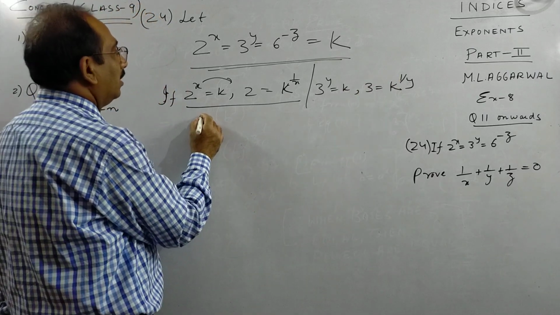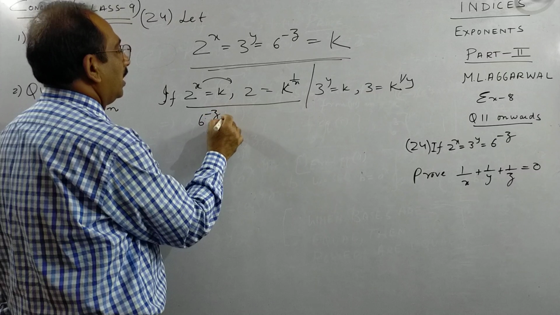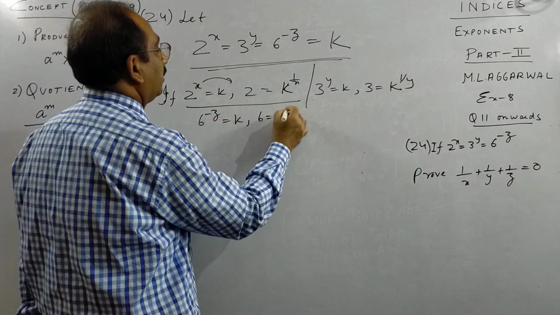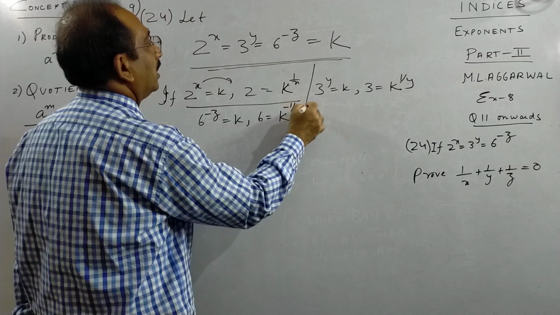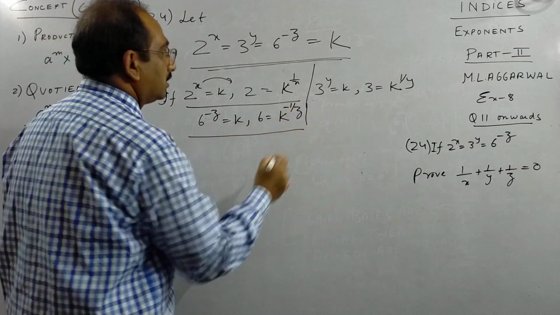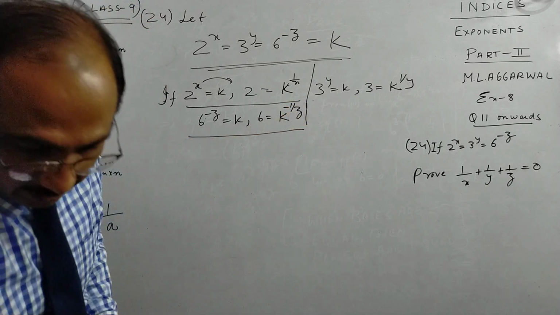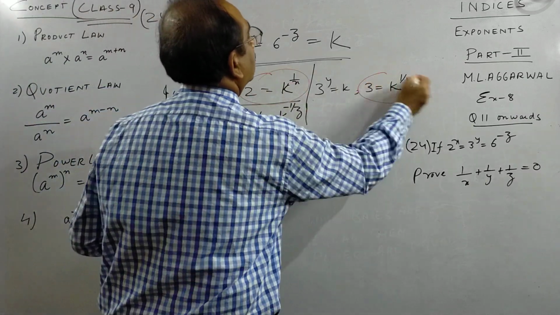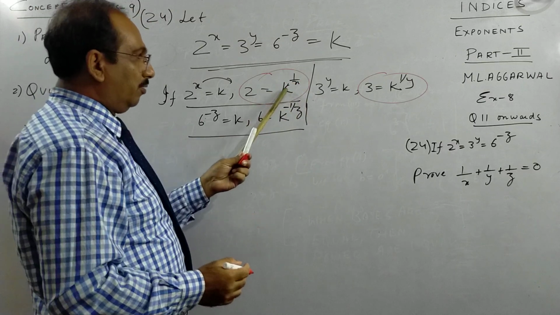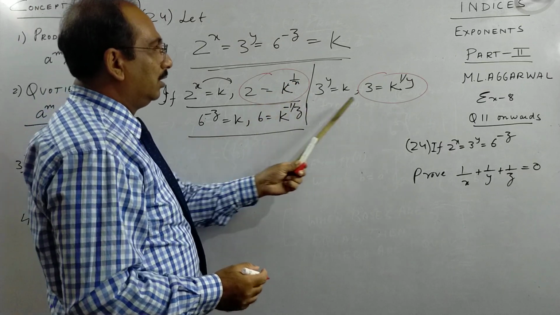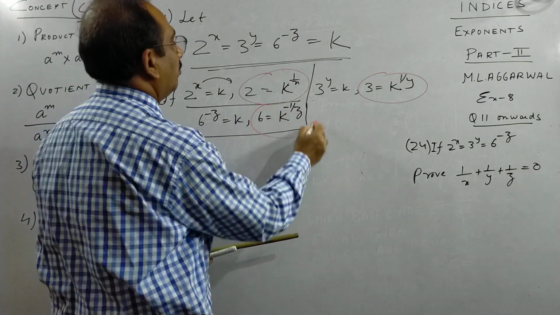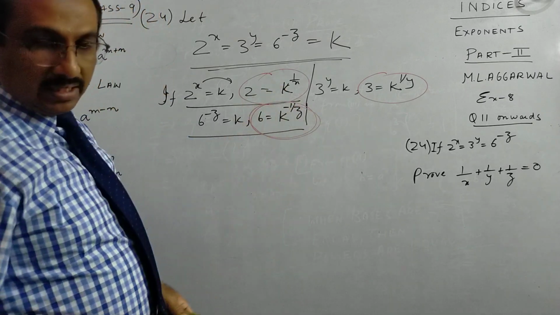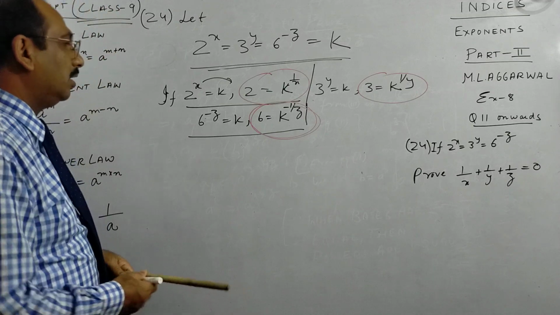Same way, 6 to the power minus z is k, therefore 6 is k to the power minus 1 by z. These things are very important if you want to do this sum. So remember this, 2 is k to the power 1 by x, 3 is k to the power 1 by y, and 6 is k to the power 1 by z.